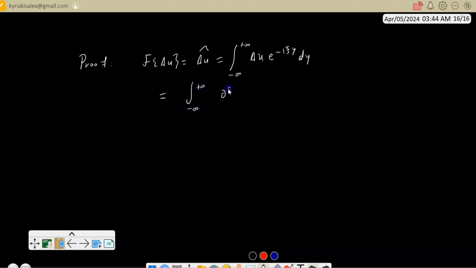Of course, this is the second derivative of u with respect to x plus the second derivative of u with respect to y, times e to the minus i xi y dy.